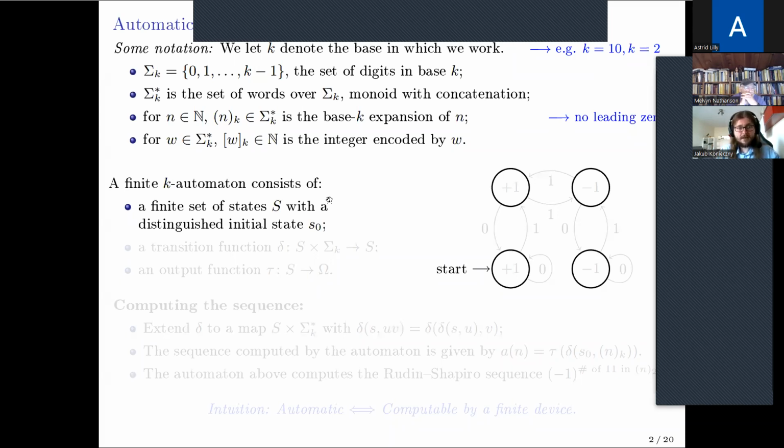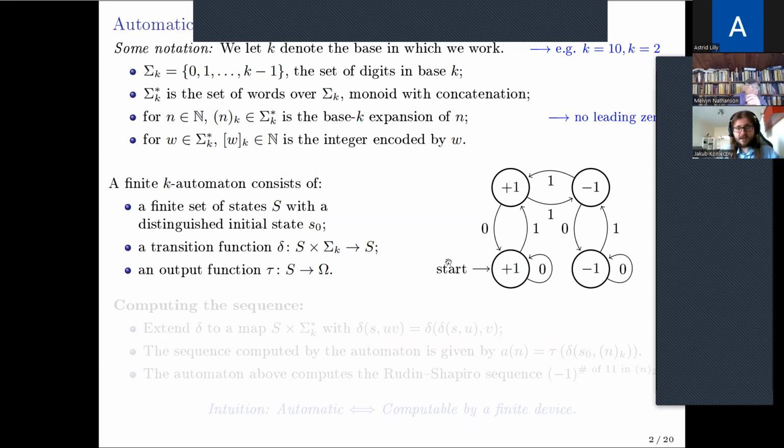Now, an automaton consists of the following data. First of all, we have a number of states, which are denoted by vertices in the picture on the right. One of them is distinguished as the initial vertex. There is a transition function, which takes a state and a digit and tells you which state to go to next. And we have an output function, which assigns to each state some value τ.